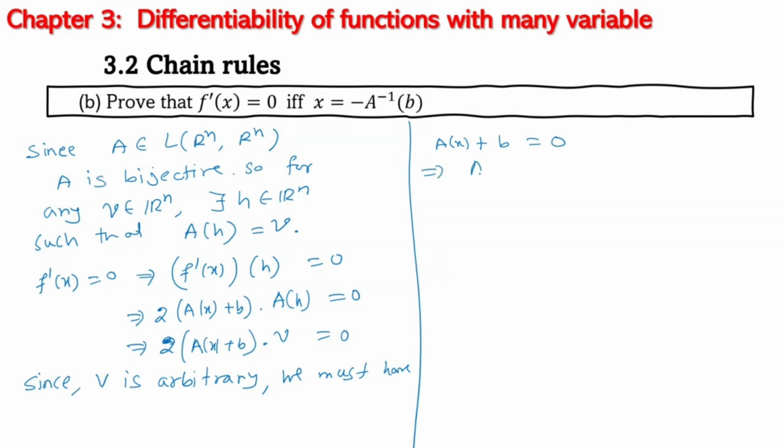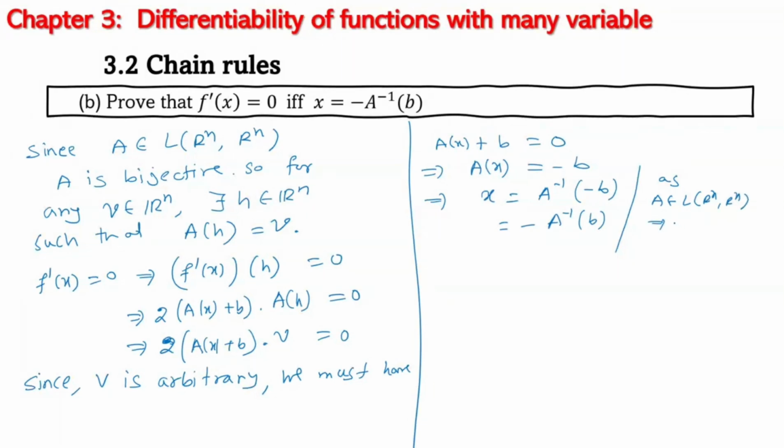This implies ax is equal to minus b, so x is equal to a inverse of minus b, which is minus a inverse b. This is because a belongs to L from Rn to Rn implies a inverse belongs to L from Rn to Rn. So we have proved that x is equal to minus a inverse b.